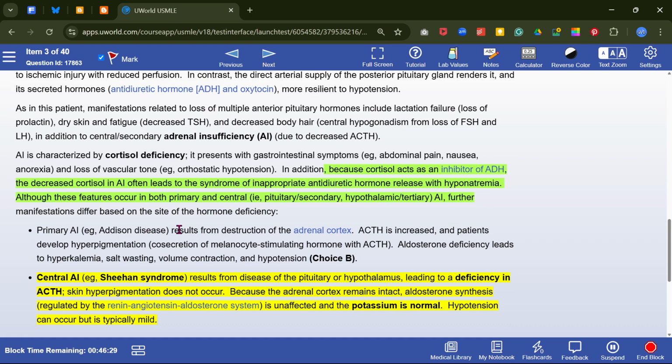In primary adrenal insufficiency like Addison's disease, there is destruction of the adrenal cortex.